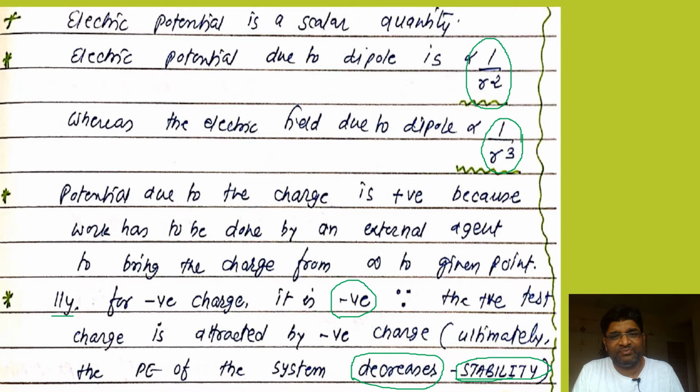Is that clear? So that is the difference between the potential of a positive charge and a negative charge. One increases the potential and creates chaos, another brings stability.